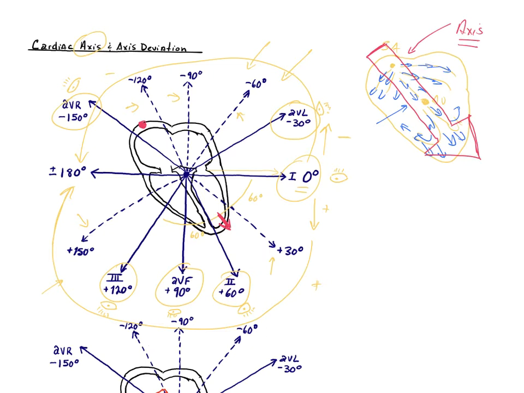So if I drew an arrow like this, would you guys agree, more or less, that this would represent the mean axis of electricity through the heart? Yeah, that's normally how the electrical activity on the average goes through the heart, the normal direction.